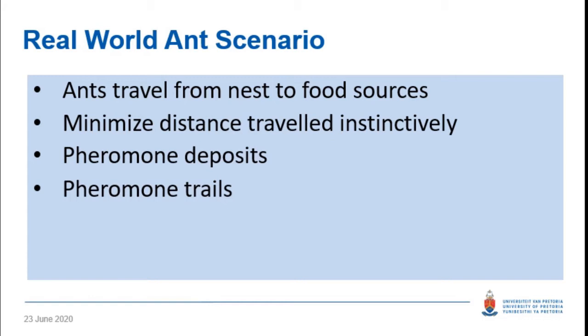So now you end up with pheromone trails. So a pheromone trail is basically a path from the nest to the food, and a path back. And trails that have strong pheromone are trails that are followed by other ants. So how do the pheromone trails get their strength?